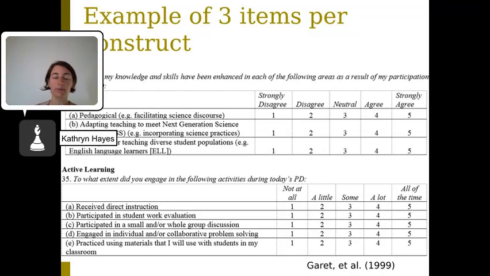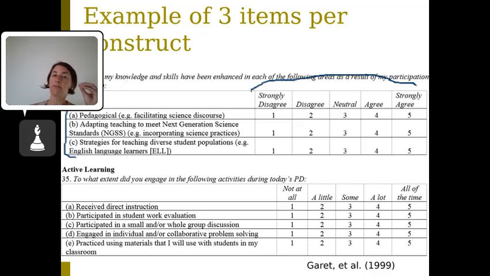This is an example of 3 items per construct. These are constructs examining whether a professional development was effective. So one construct is the extent to which the professional development incorporated content. And you can see here that they are asked about pedagogical content, adapting teaching to meet NGSS, and strategies for teaching diverse students. And here's the Likert scales.